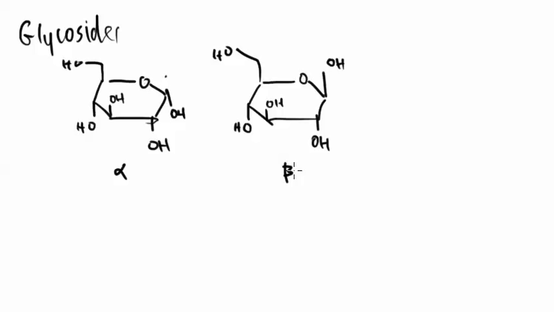I want to take a few seconds to address that. How would I have known that the beta form is actually more stable than the alpha form? Well, if you look at these two structures of glucose, the alpha and the beta anomer, we've talked about the stability of structures way back in the day.